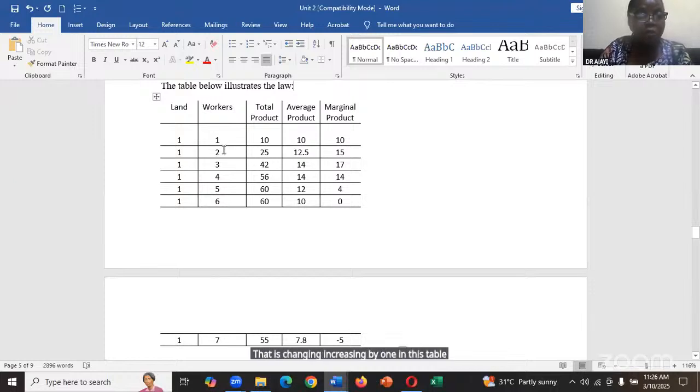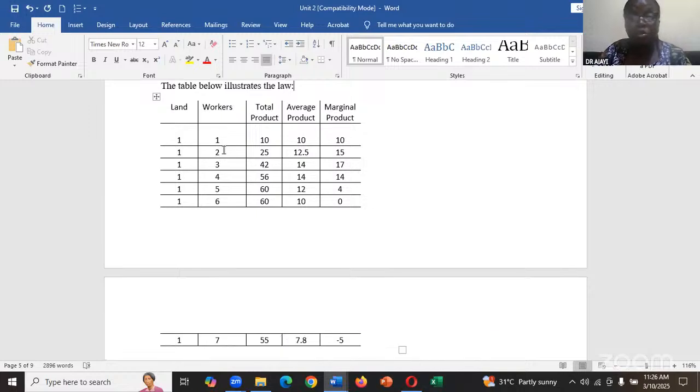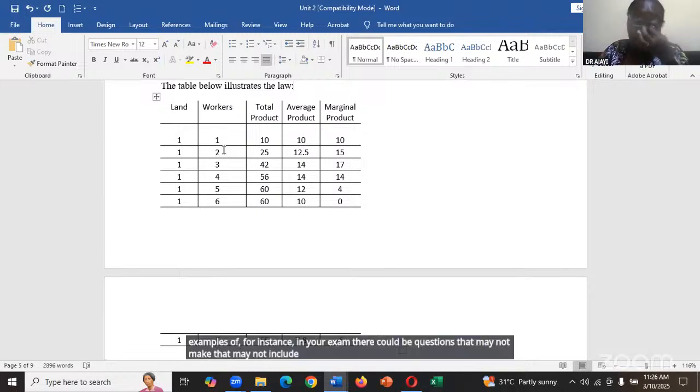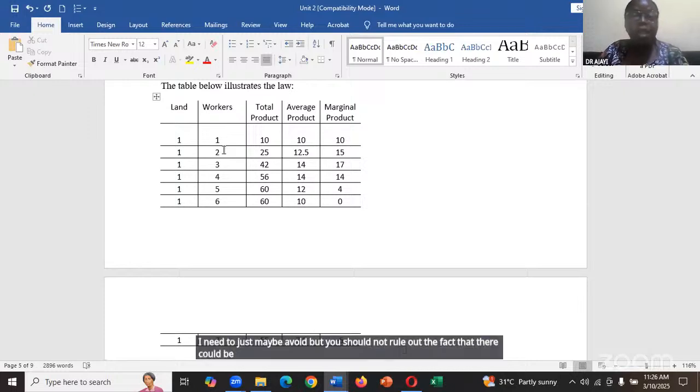In your exam, there could be questions that may not include a fixed factor, but you should not rule out the fact that there could be instances where we have just a fixed factor while the variable factors are changing.